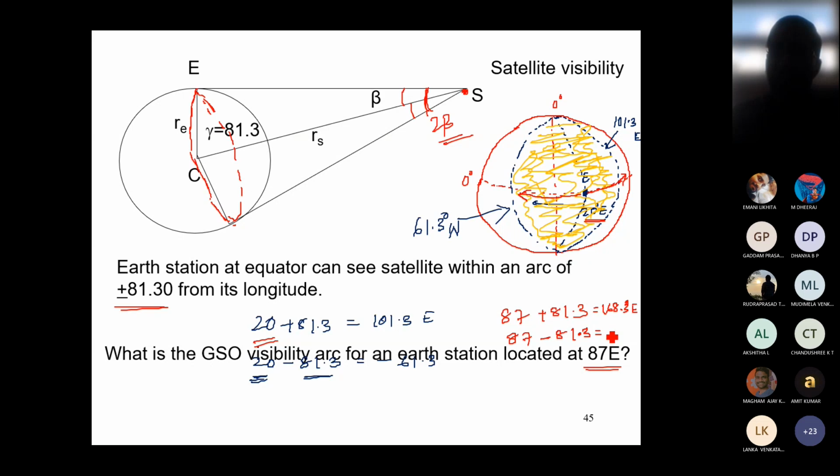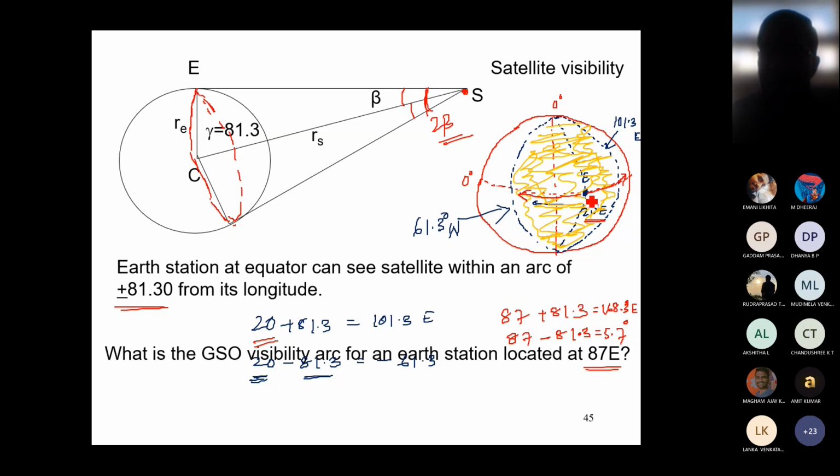Now, when you subtract, 87 minus 81.3, you will get 5.7. So what is the meaning of 5.7? Is it 5.7° east or 5.7° west? Try to analyze.